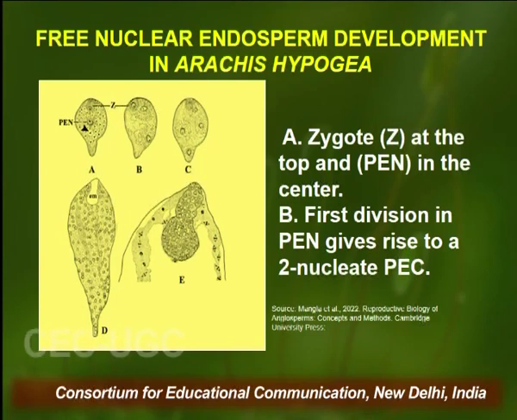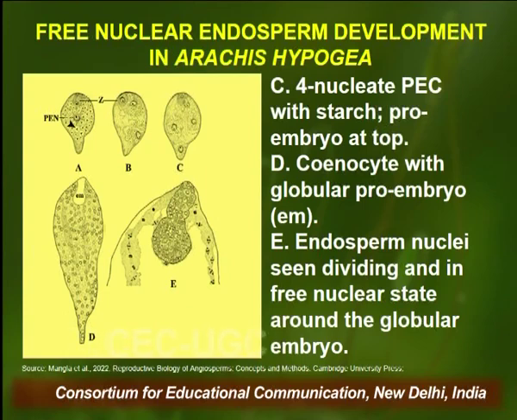In A, the zygote is at the top and the primary endosperm nucleus is in the center. First division in the primary endosperm nucleus gives rise to a 2-nucleate primary endosperm cell. After that in C you see there is a 4-nucleate primary endosperm cell with starch.